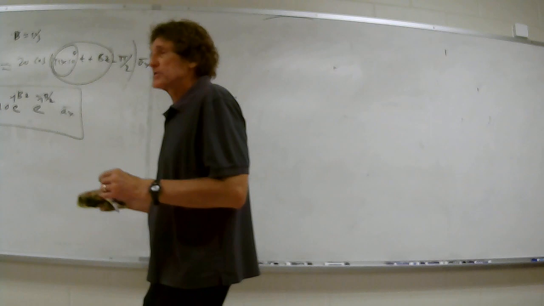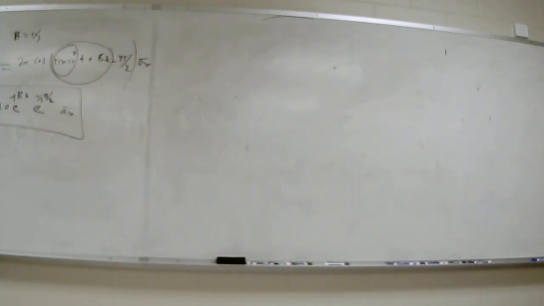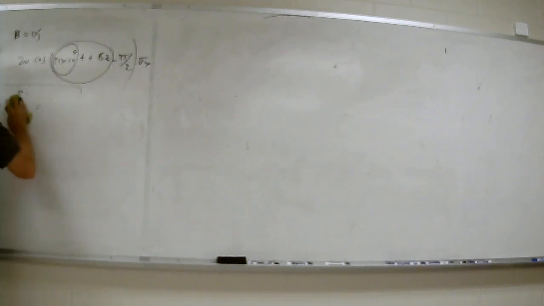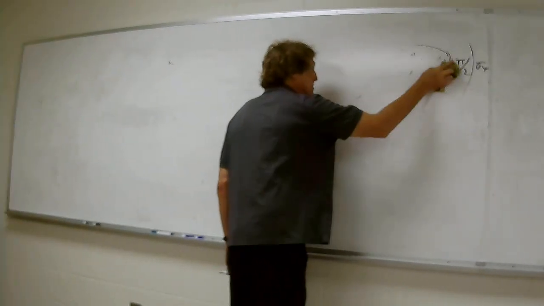So you can appreciate that you don't have to do them in chapter 6. You can do them, but my gosh, it's a pain, especially in cylindrical or spherical coordinate systems. This is plane wave propagation, and what I'm showing you makes life easy.